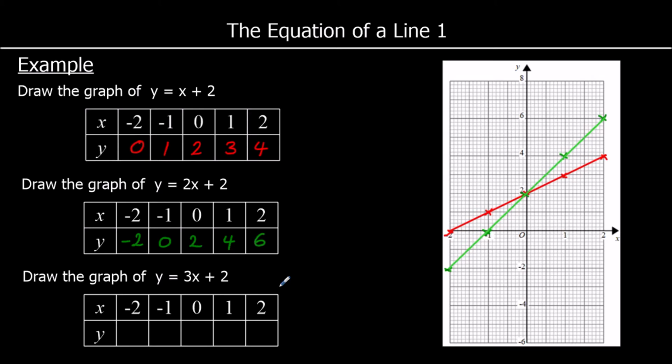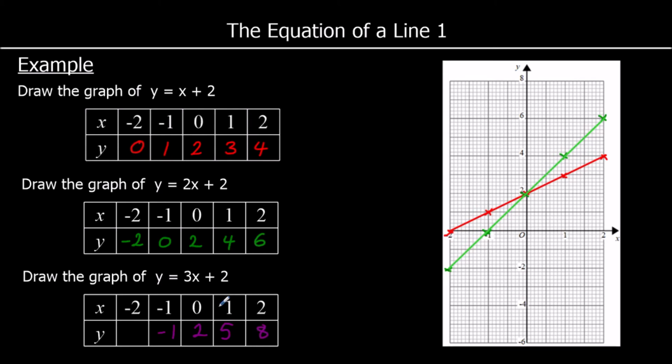So the y coordinate is 3 times the x coordinate plus 2. So we've got 3 2's, which is 6, plus 2 is 8. 3 1's are 3, plus 2 is 5. 3 0's are nothing, plus 2 is 2. 3 negative 1's make negative 3. Negative 3 plus 2 is negative 1.